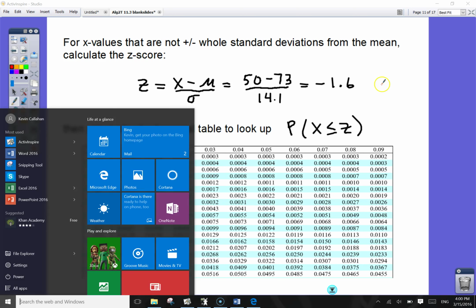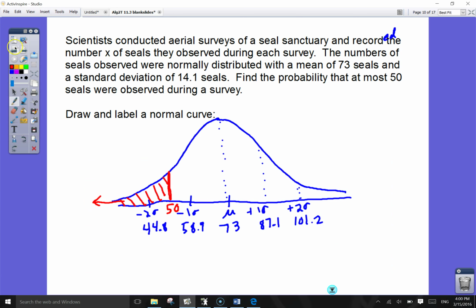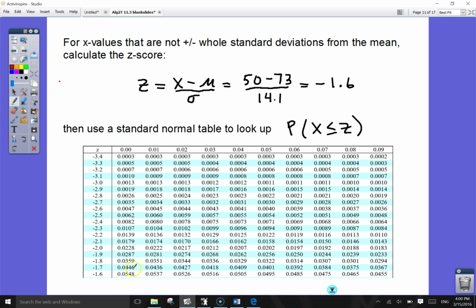In our problem, that's what we want. Now, if we wanted to know the probability of seeing more than 50 seals, we would still calculate the z-score of negative 1.6, find the probability to the left of negative 1.6, and then do 1 minus that.